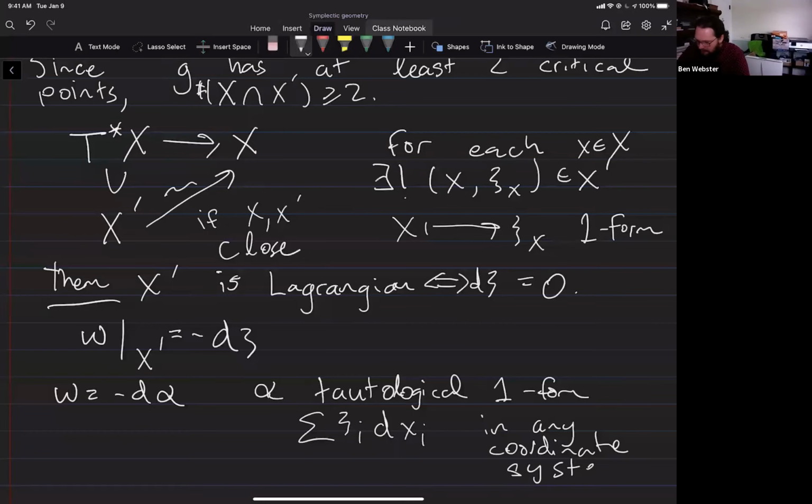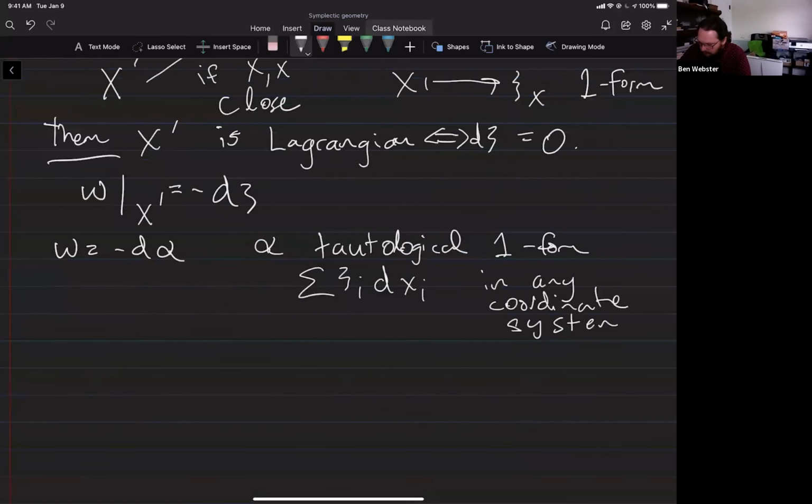And this has the property that if I restrict alpha to X prime, I get the one form on the nose. So when I restrict it to the graph of a one form, I get that one form. So this equation up above is just taking minus d of this equation here.